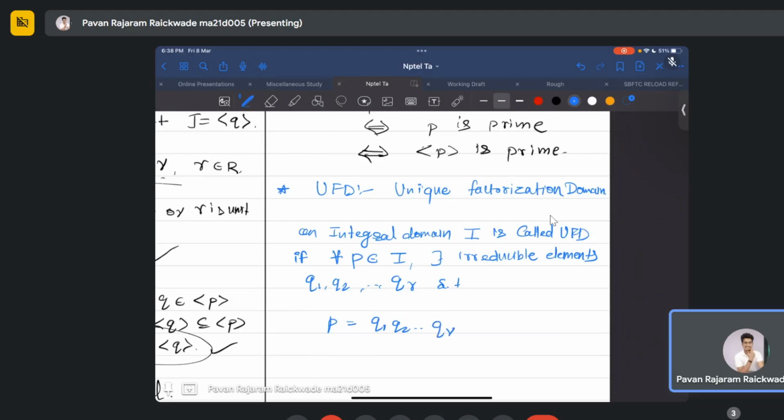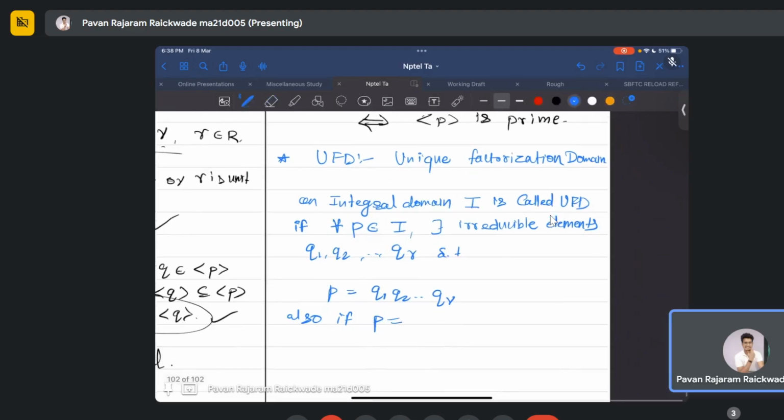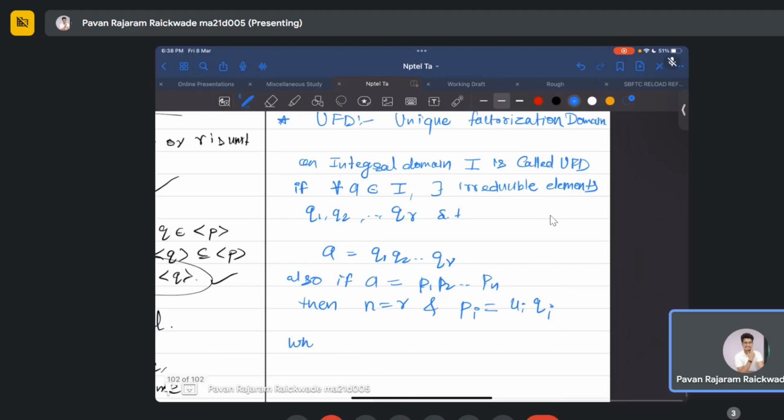You can factorize also if A equals, let's say, P1, P2 up to Pn, then you have n equals r and Pi equals some Ui times Qi, where Ui are units.